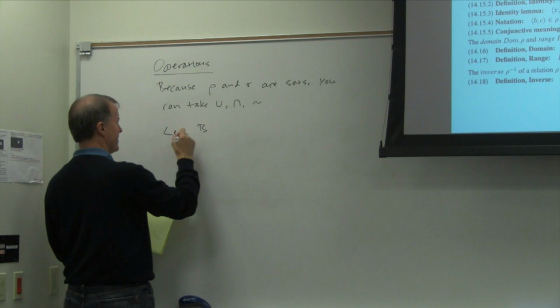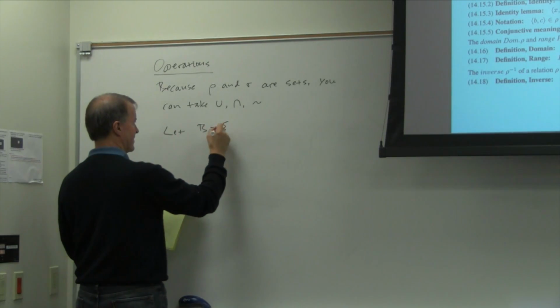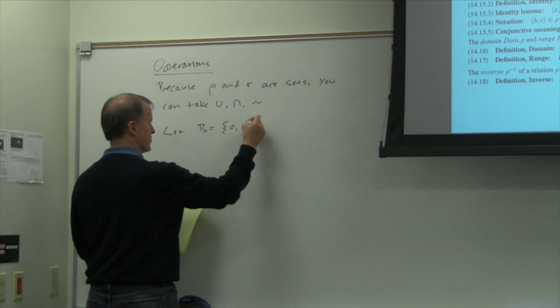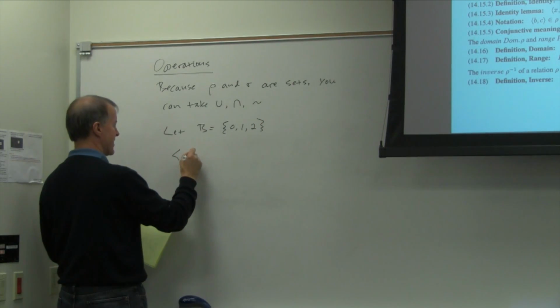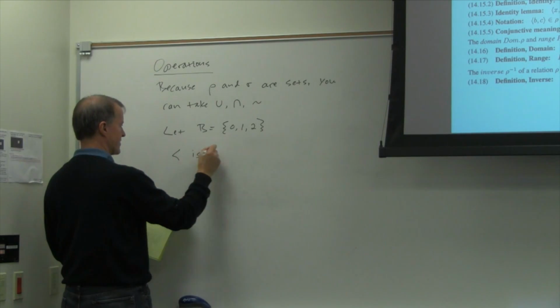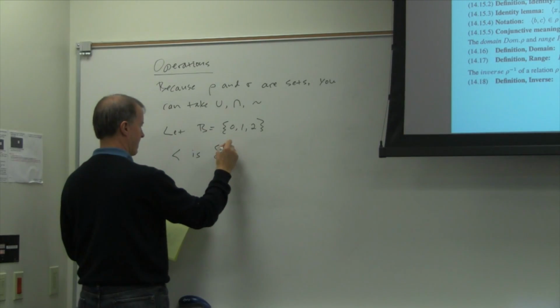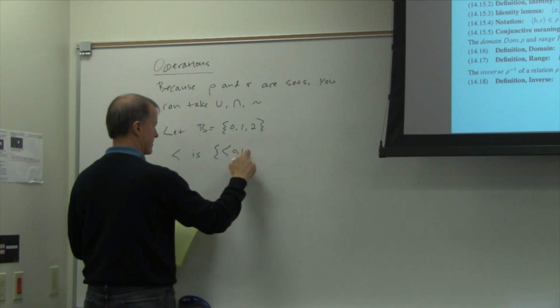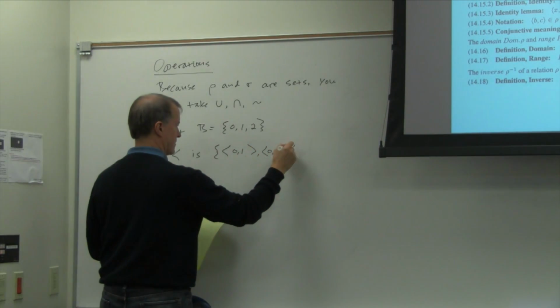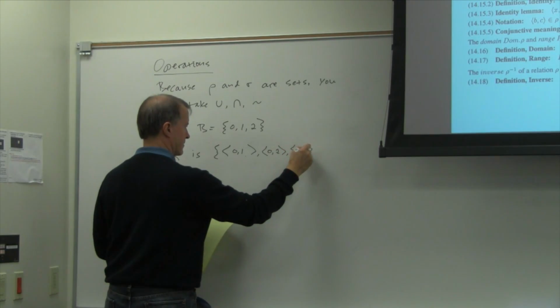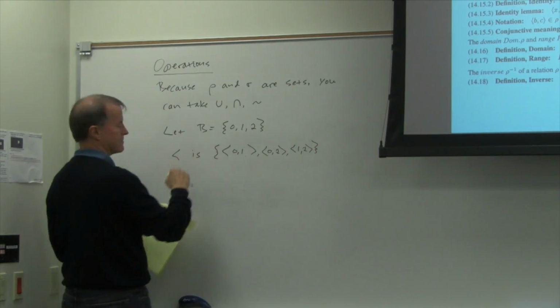So here let's do an example. Let B equal the set 0, 1, 2. Now what is less than? What's the less than relation? 0, 1, 0, 2. Are we assuming it's B cross B? Yes.